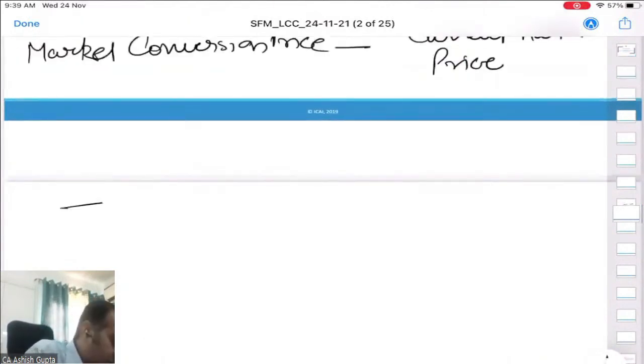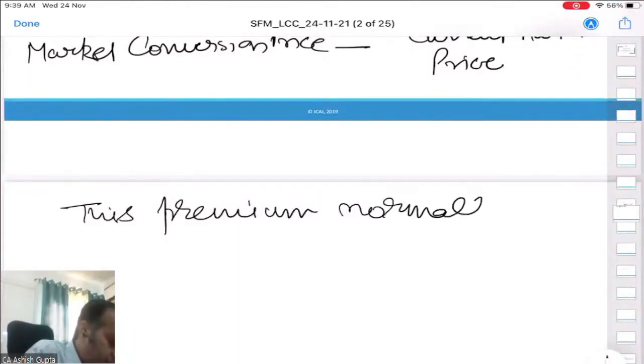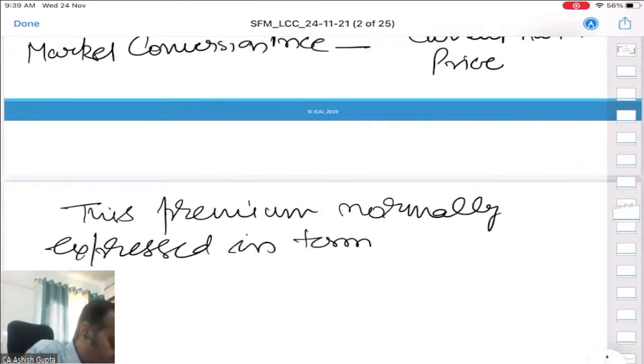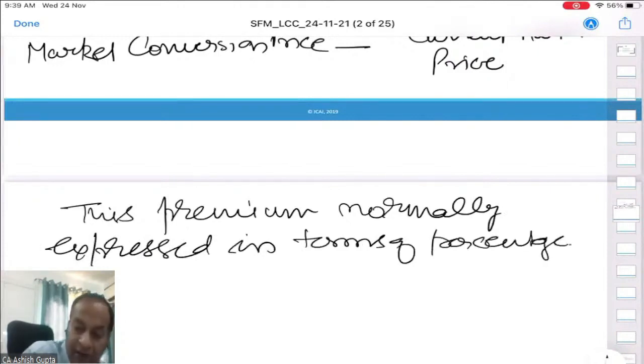Now, this premium is normally expressed in terms of percentage. What formula is normally used?